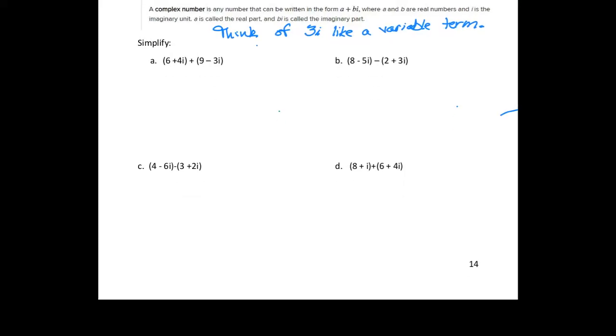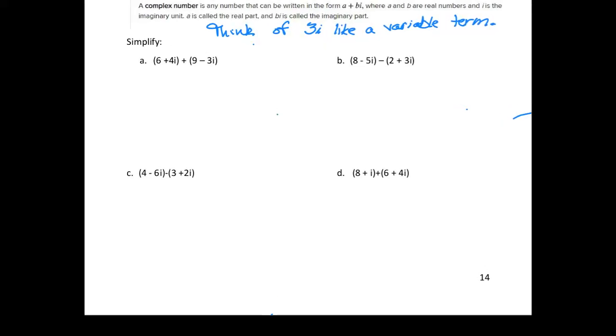So I'm going to go through this very quickly. I have 6 plus 4i plus 9 plus 3i. You cannot combine them as is, even though they are in a set of parentheses. Montre, let's watch up here, please. So 6 plus 9, I'm going to put those together because those are like terms. And then I have 4i plus 3i.